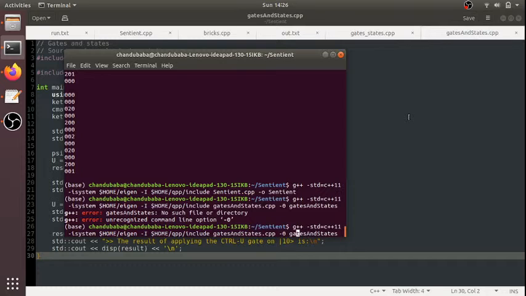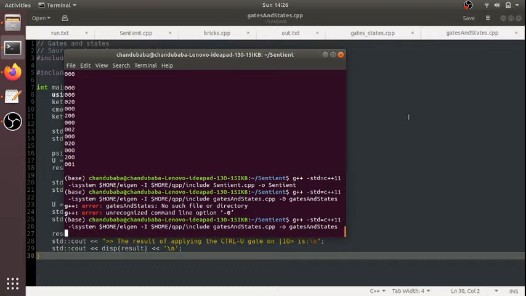Control U gate. Control U gate. Right. Okay.